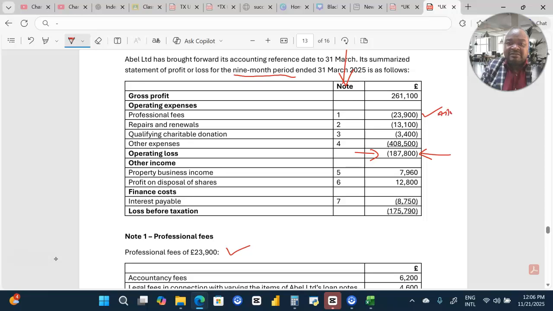So if you start from operating loss and the figures above are allowable, you just make an entry, professional fees, and put a 0, no adjustment, because the figure is allowable. Are we together? If all the figures that make up 23,000 are allowable, then you put professional fees 0.